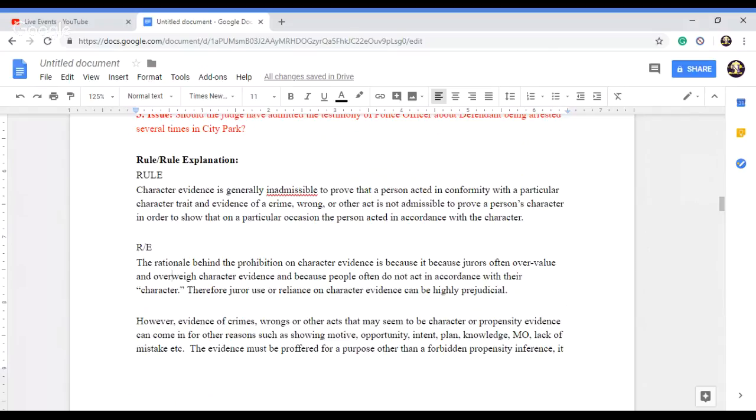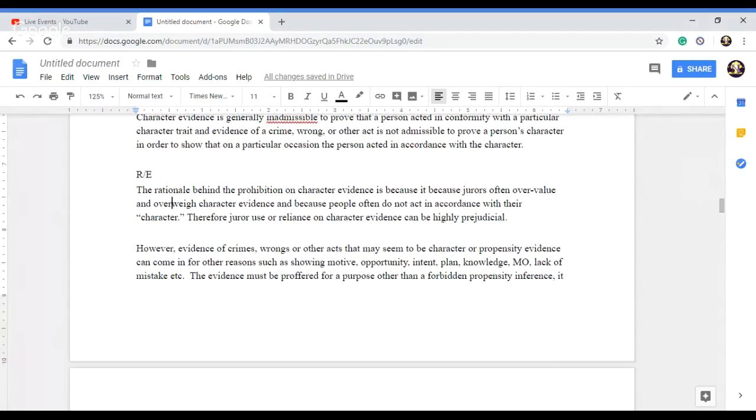Here's the rule, and here's the rule explanation for character evidence. This should be, bell should be ringing. Okay, so if I understand this piece and this piece, I understand both the rule and rule explanation. As you can see from this piece of the document, there are no FRE numbers in here. This is just an understanding of what the prohibition of character evidence is and what the rule explanation is.